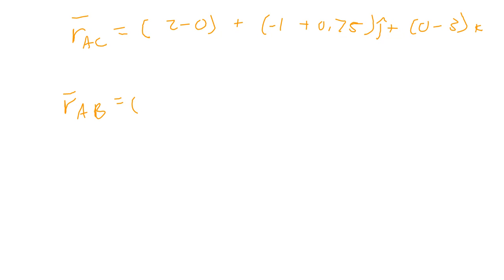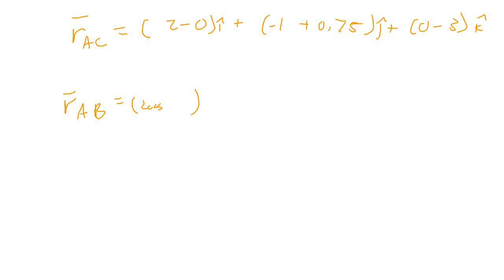And that was J, this is K, this is I. Okay, again, this is coming from subtracting A from C, so now I'm going to subtract A from B, and when I do that, it looks like this.